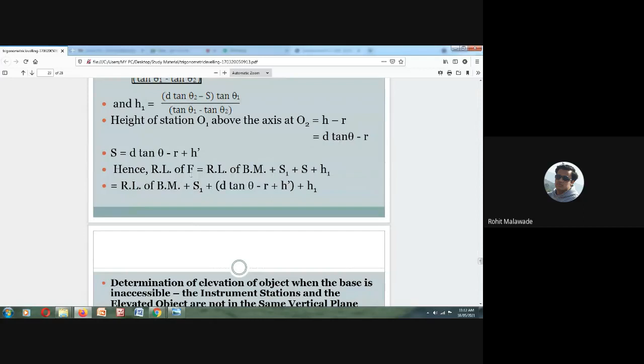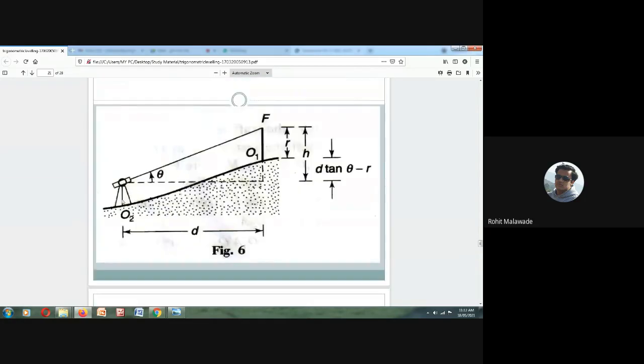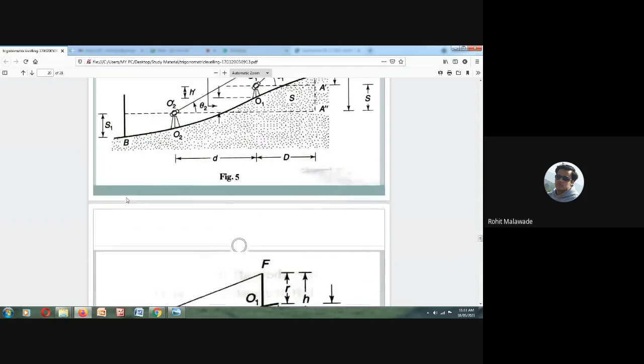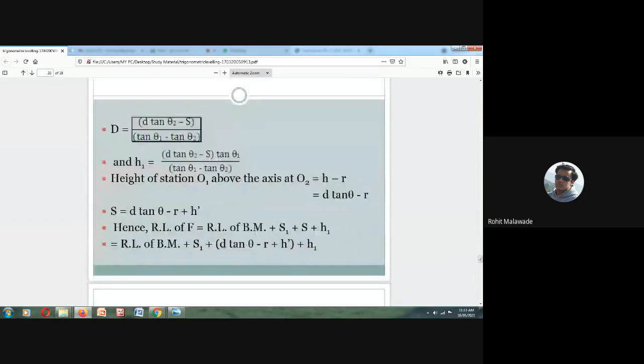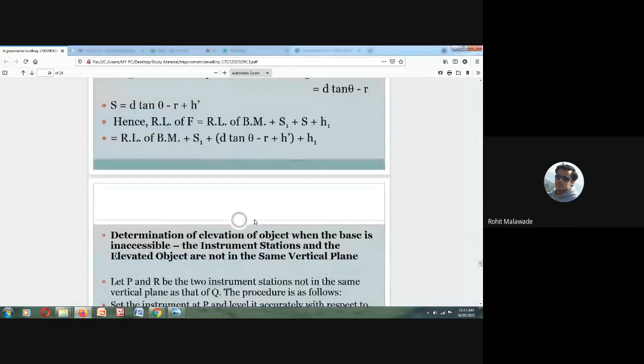Now the RL of F, we can calculate it from the RL of the benchmark plus the height of the station.